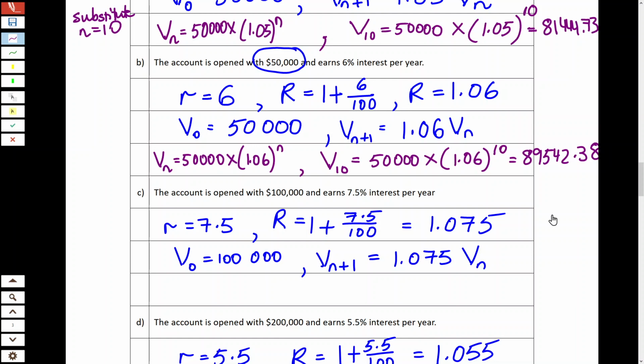All right, let's talk about the third one, because the first two are quite similar. I've just changed the ratio from 1.05 to 1.06. AJ, can you give me a rule for Vn here?